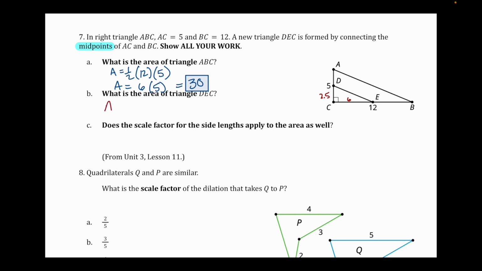So area is 1/2 of 6 times 2.5. Well, 6 is still an even number, so I do know what half of 6 is. That means this area is 3 times 2.5. And 3 times 2.5 would be 6, 7.5? Yeah, 7.5. So the area here is 7.5.